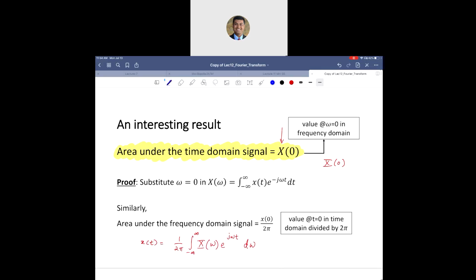You plug in t equals 0. What do you get? x of 0 times 2 pi equals integration negative infinity to infinity X of omega d omega.